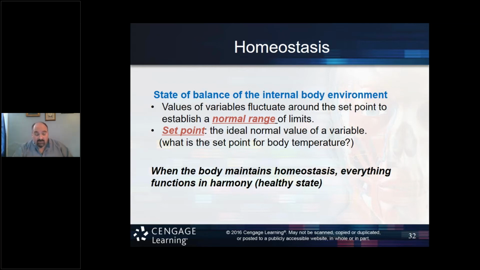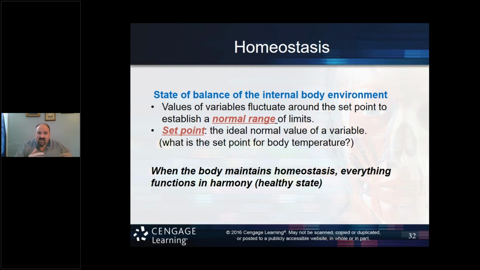So the body will do negative feedback mechanisms. You'll sweat, right? You'll get flushed, because we're dilating the blood vessels and allowing more heat to leave the body through the surface. These are methods that the body uses as a negative feedback mechanism so that we can bring and lower the temperature back to its set point and within the normal range.